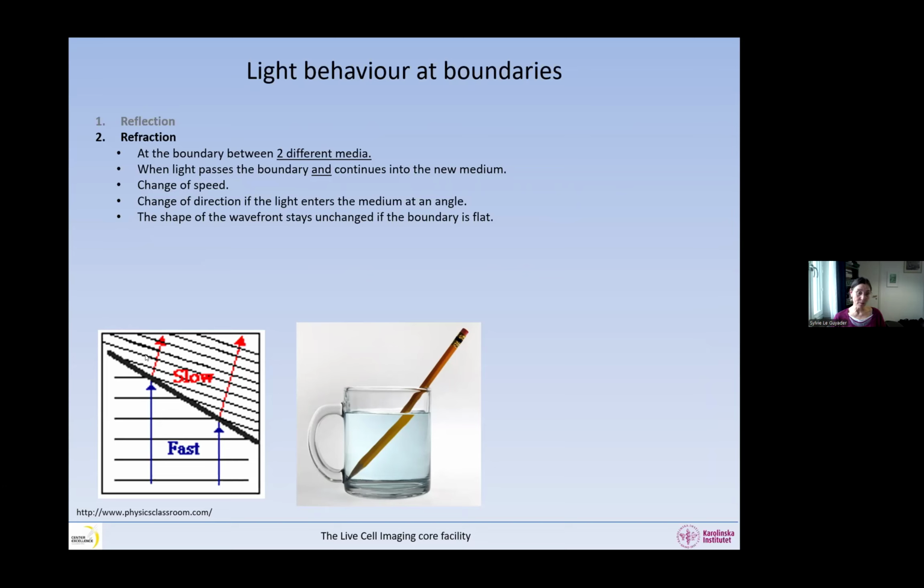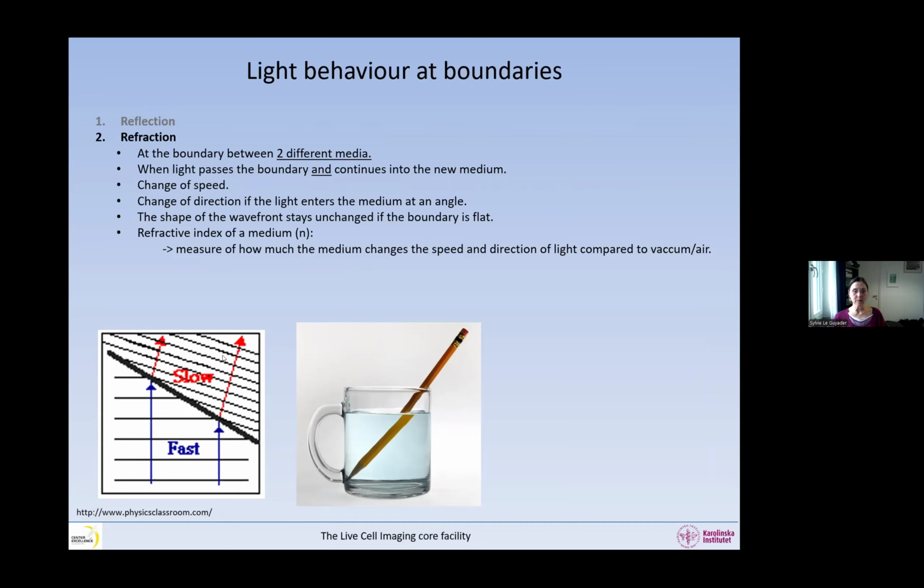And also the shape of the wavefront is unchanged. If you see here, it's flat, and here it's also flat. If the boundary is flat, then the shape is not changed, but the speed changes. So both the direction and the speed change. And this is what makes this pencil look bigger in here. So the light is distorted, and the image is then distorted, the image that we form on our eye.